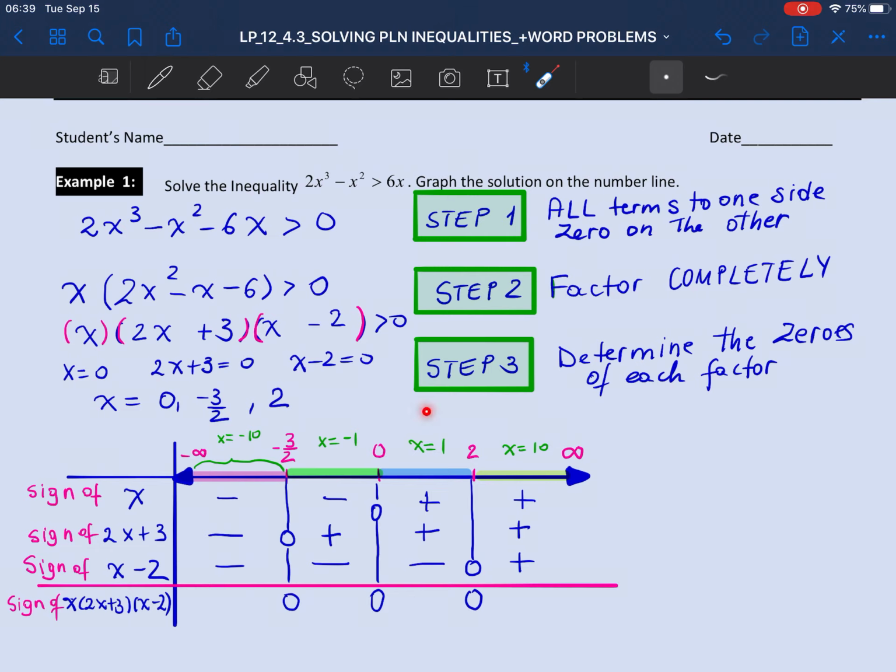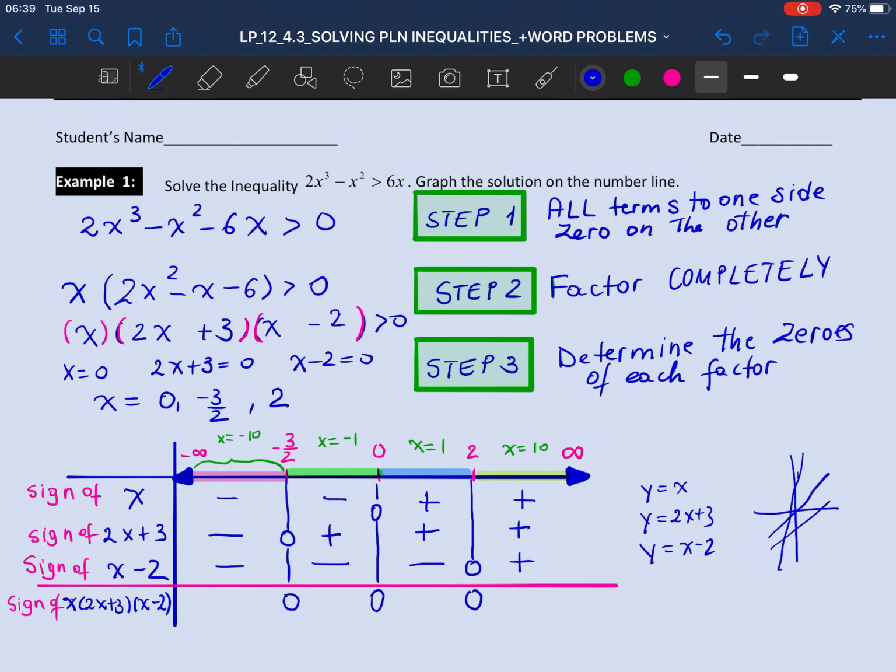And this is in addition to explaining how to solve the inequality. Now, remember that all these factors represent linear expressions. And if you were to graph them, for example, y equals x, or y equals 2x plus 3, or y equals x minus 2, they would all be represented by lines with positive slopes.